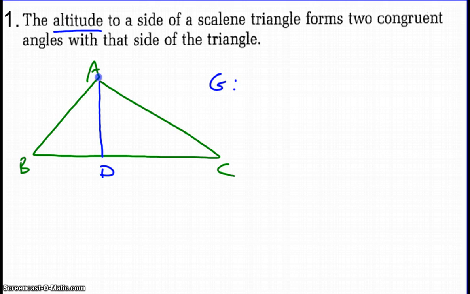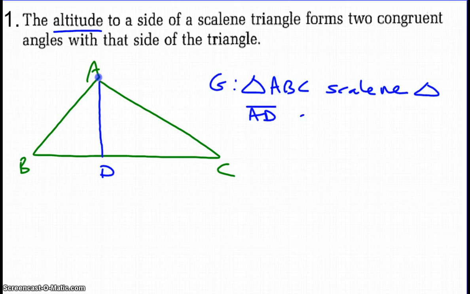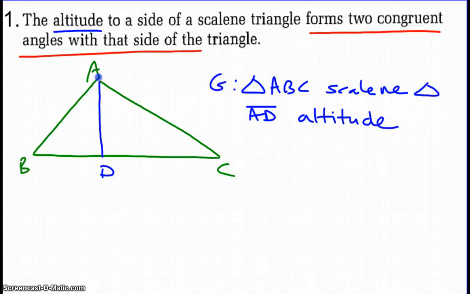So far in our given information, we have that triangle ABC is a scalene triangle. We also have that AD is an altitude. And then the altitude says that it wants to form two congruent angles with that side of the triangle.